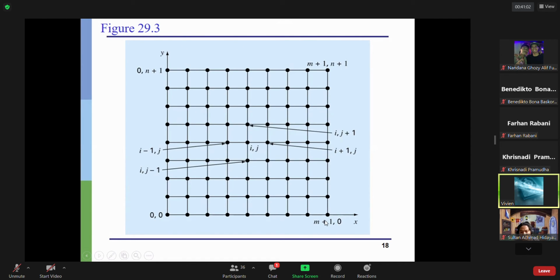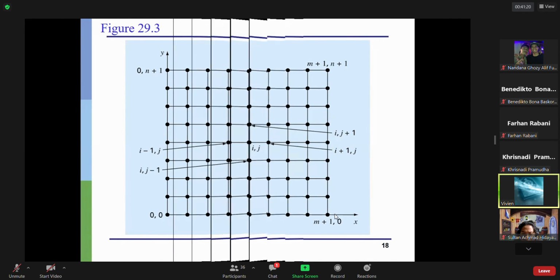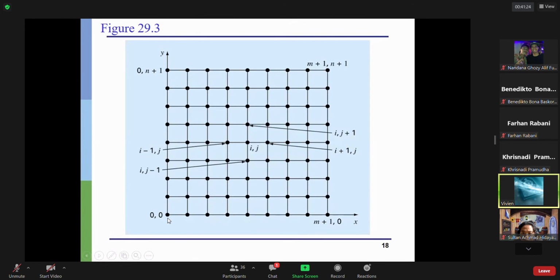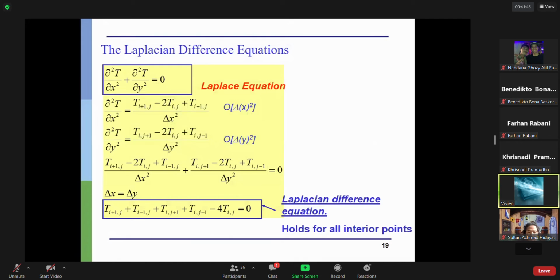For example, in the x direction, the index goes from 0 up to m plus 1, in which m is the number of interior nodes. And in the y direction, we have from 0 up to n plus 1.